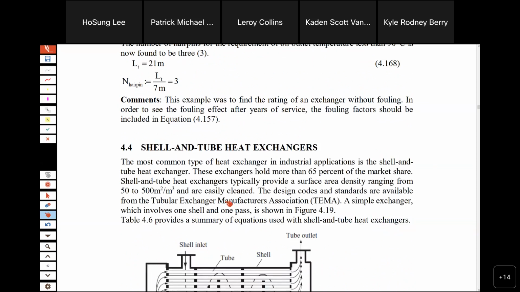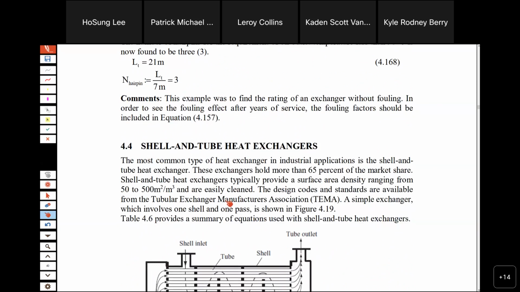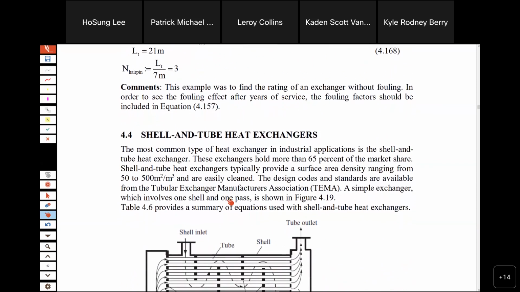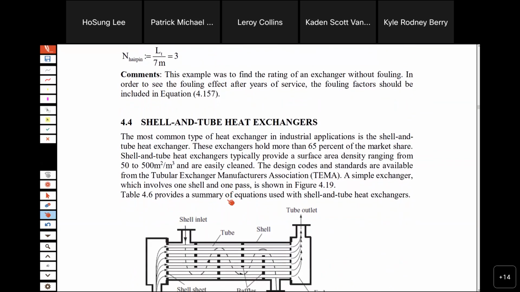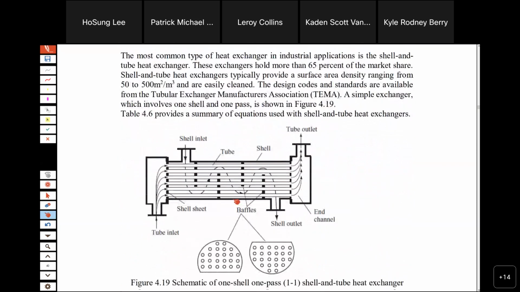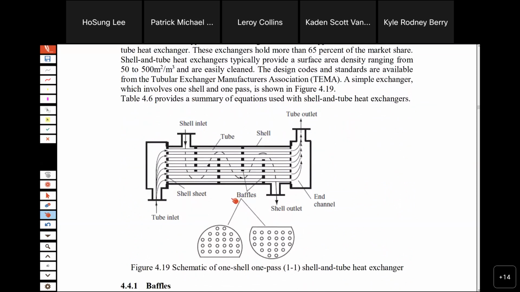Let's talk about shell and tube heat exchangers. So far, fundamentals and double pipe. We can move on to shell and tube heat exchangers. This is a schematic, and the tubular flow we know how to handle.